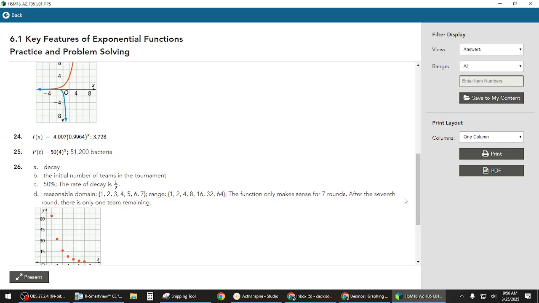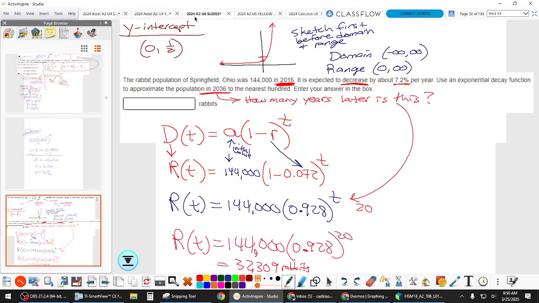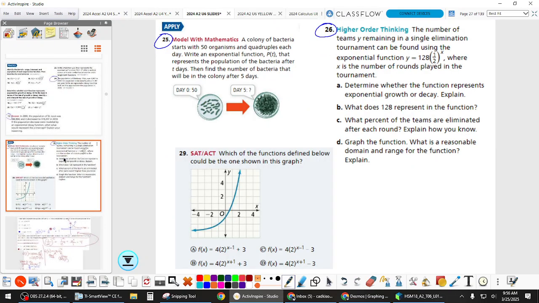Number 25. Okay, this one is interesting. I want to point it out before we move on. This word quadruple, we know that means 4, but this is the growth factor, not the rate. In other words, you don't have to add 1 to it.